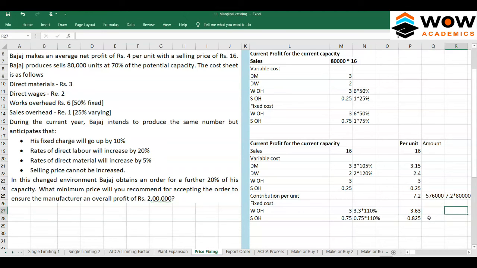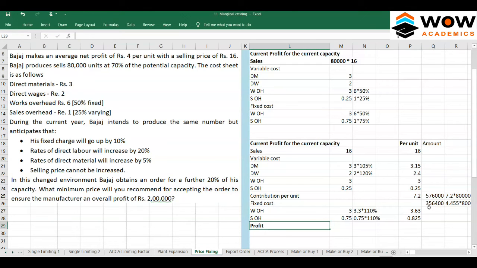The same logic applies here. So fixed costs is actually both these numbers put together, it is 4.455. So this is the fixed cost. So what would be the profit?